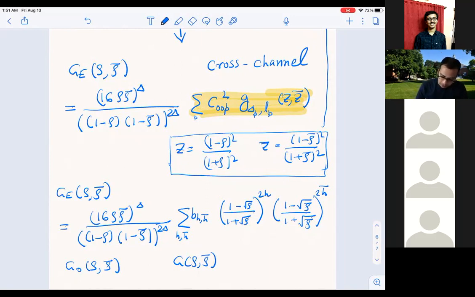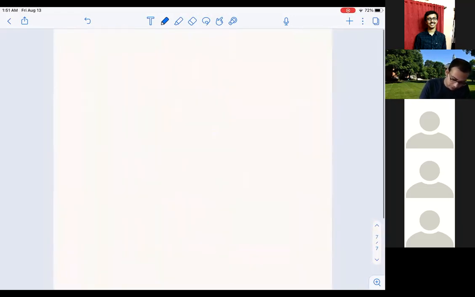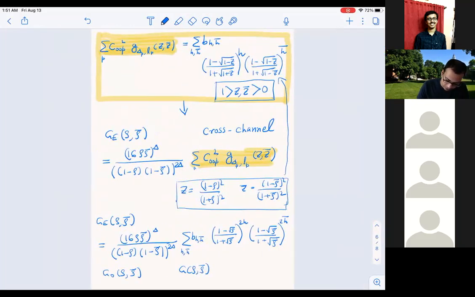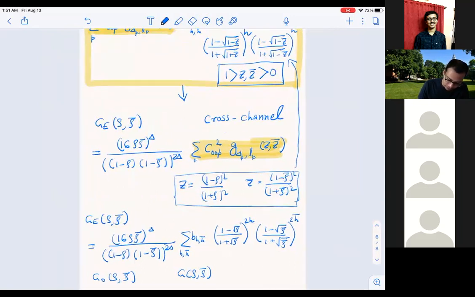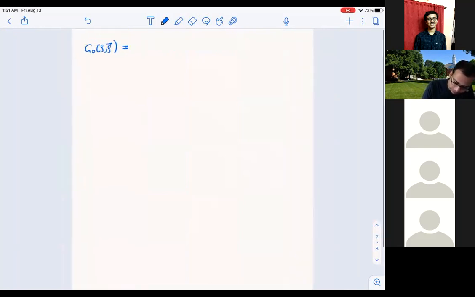So the first one, first let me write down G0. This is basically, as I said before, you don't actually have to do anything. Just take this Euclidean correlator and just plug in rho and rho bar. If you do that, this is what you get. Now this is for rho greater than 1, but rho bar is between 0 and 1.